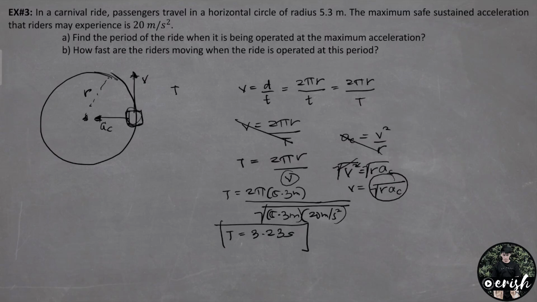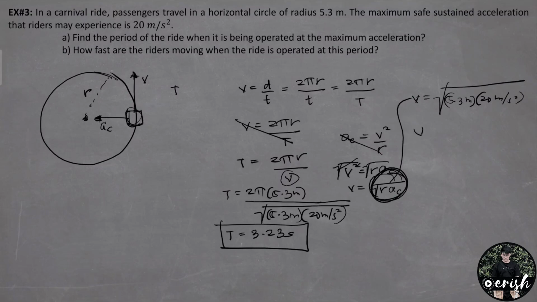This is the period. For letter B, how fast are the riders moving when the ride is operated at this period? Simply, we solve using this derived equation. Velocity is equal to square root of 5.3 meters times the centripetal acceleration of 20 meters per second square.